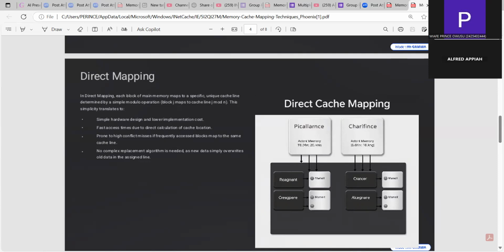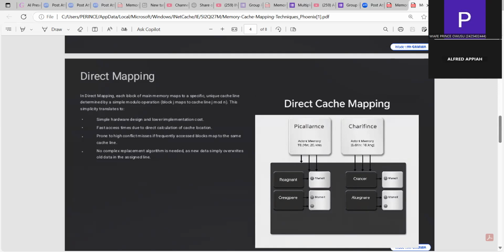It is prone to high conflict misses if frequently accessed blocks map to the same cache line. No complex replacement algorithm is needed, as new data simply overwrites old data in the assigned line.